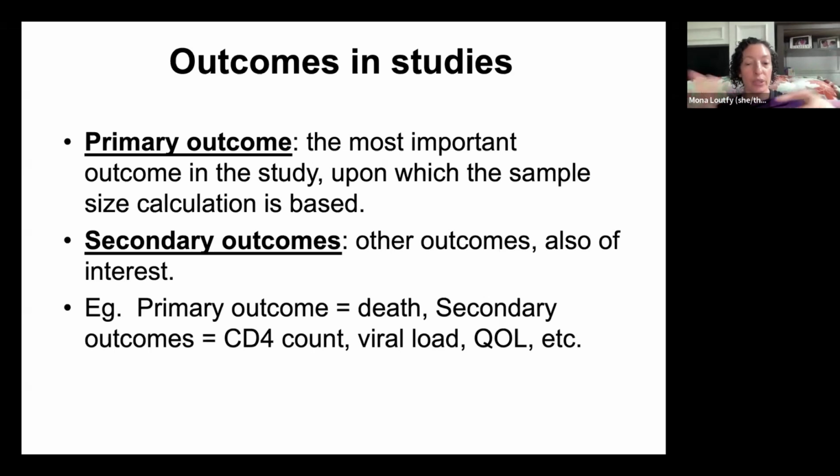A lot of times the outcomes are related, but you really have to think about which one you are most interested in, or which one is the most important to the community, or which one is really going to change program and practice. The ultimate primary outcome is considered to be death or survival. So if someone has died, that is the ultimate. We want to prevent death.